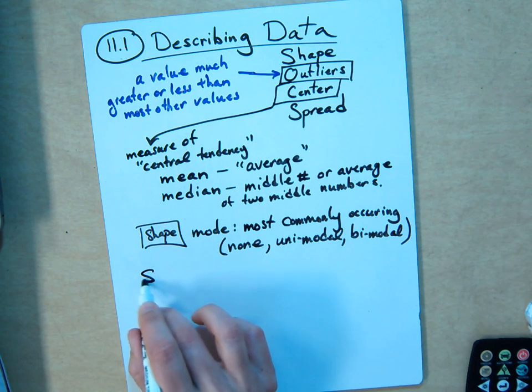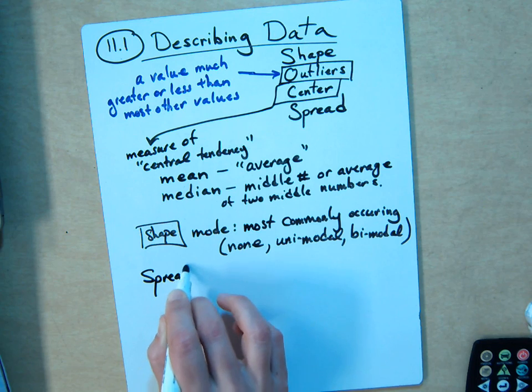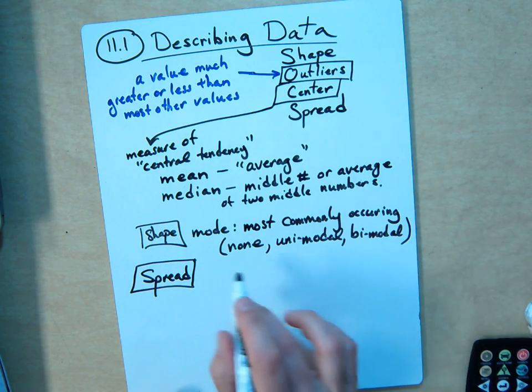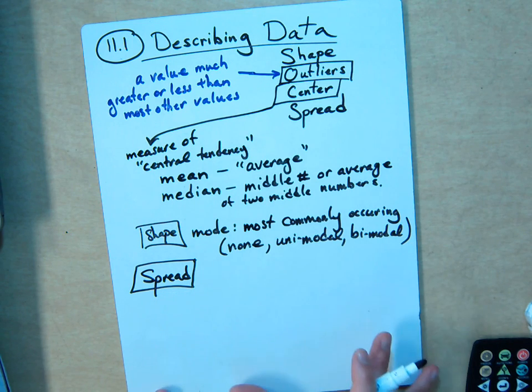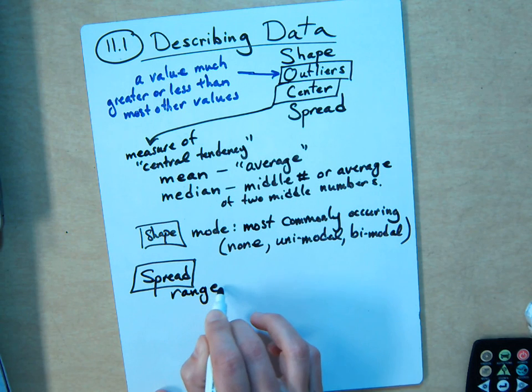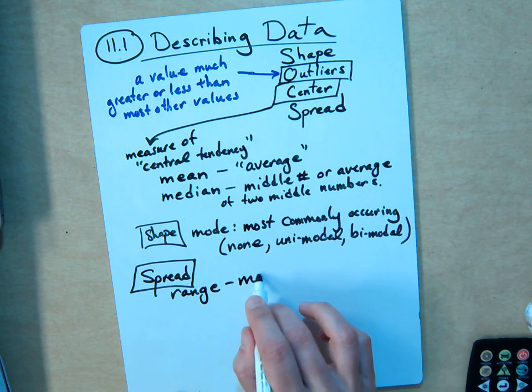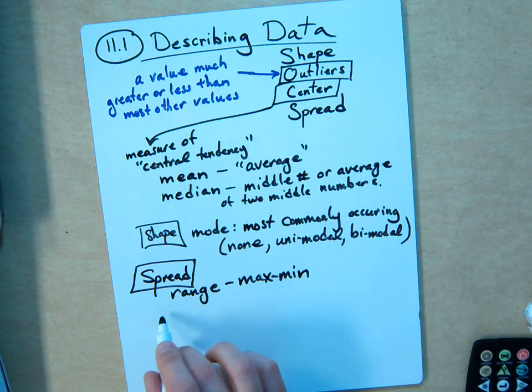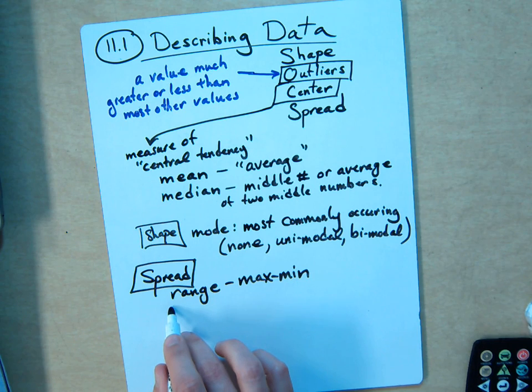And then spread. How spread out is the data from the center? There's a couple of measurements we have for that right now. The range is a measure of spread, and that's just max minus min. And then what's our other measure of spread? The other thing you computed over the weekend?